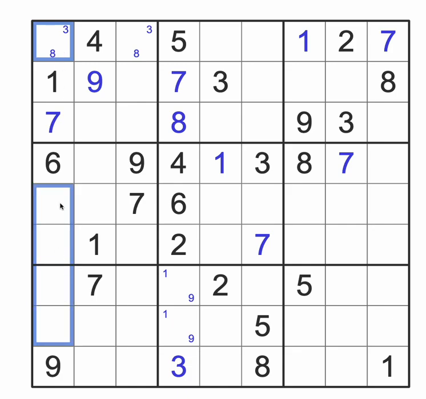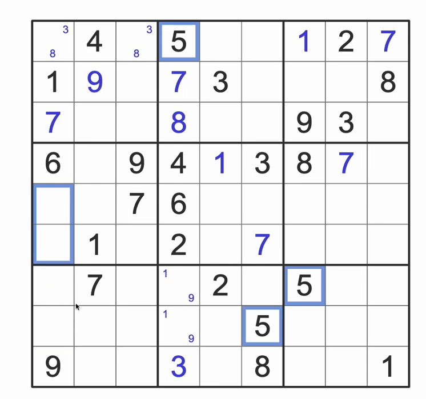So looking at column 1, I'm trying to figure out where I can place 5. So this 5 blocks this cell. And here's 5, and here's another 5.